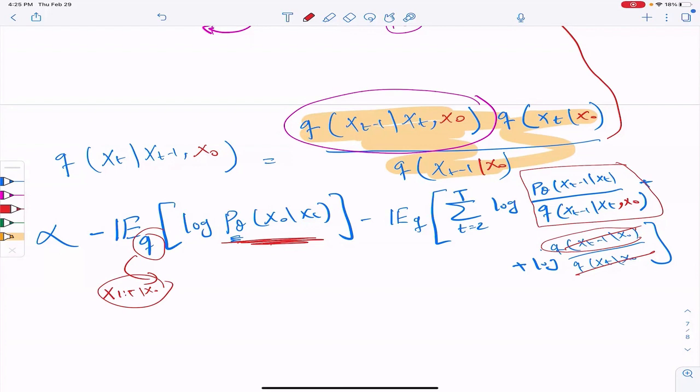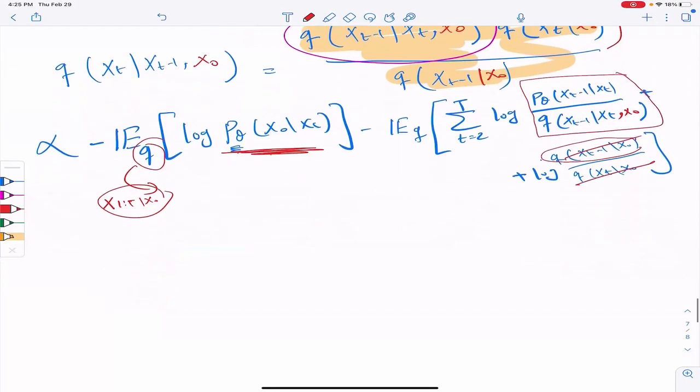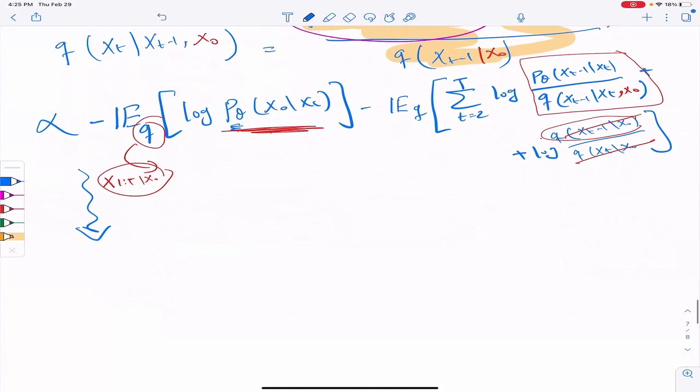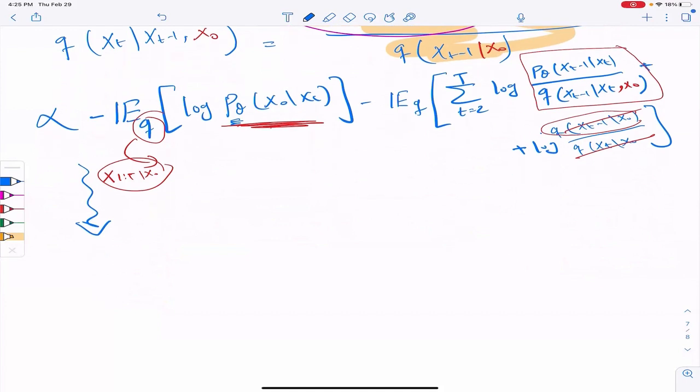So you can further massage this. I'm not going to do that because that's not going to give any additional intuition, to only have the expectation over your q x0, instead of having the distribution over the joint conditioned on the x0. So I'm going to skip that. You can look at the papers to do it. And you get a loss function in this form.